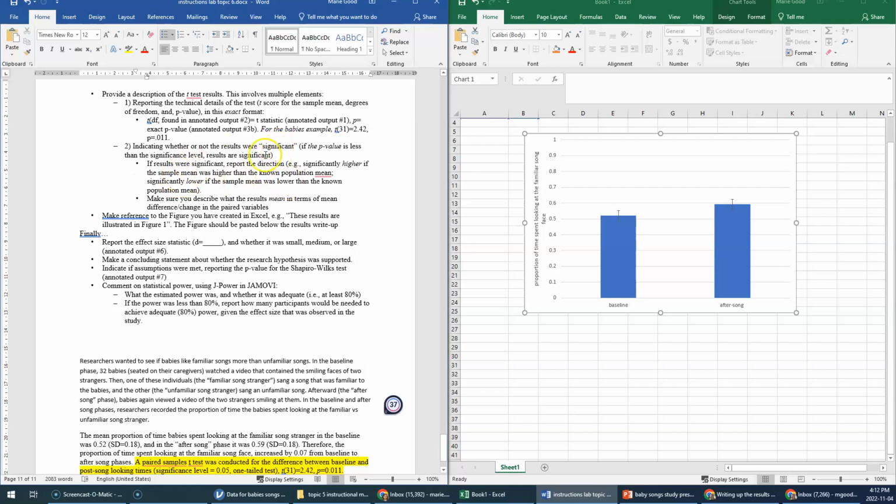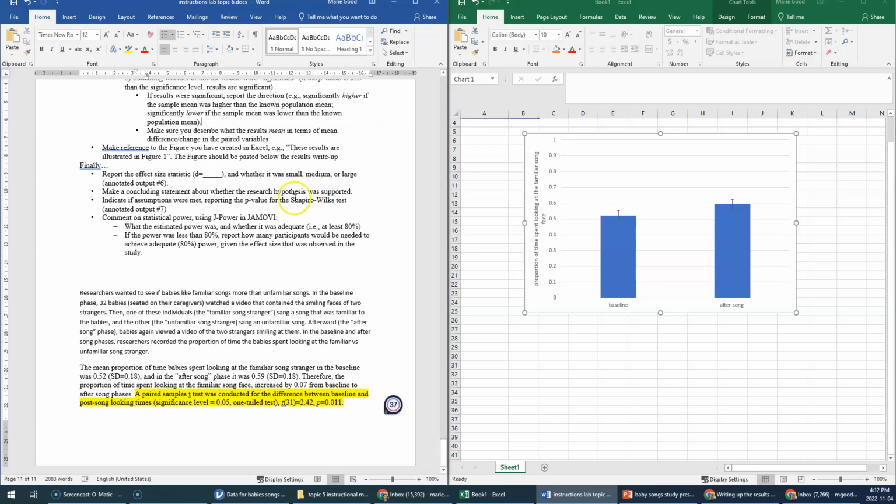So for this example, what does this look like? Whether the results were significant and the direction. So we would say the mean difference was significantly higher than 0.